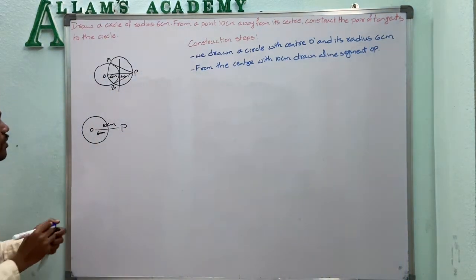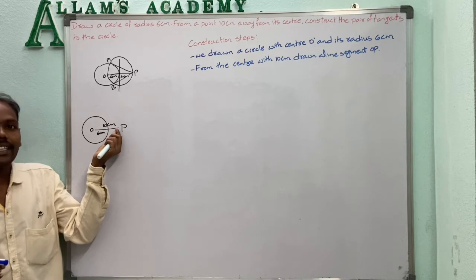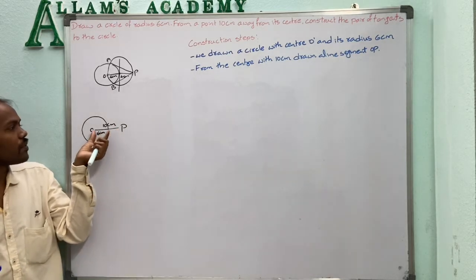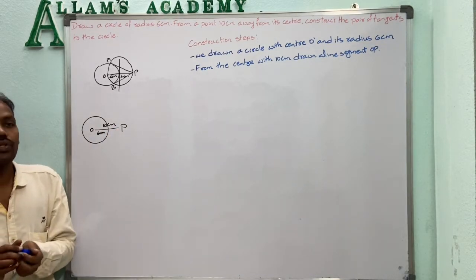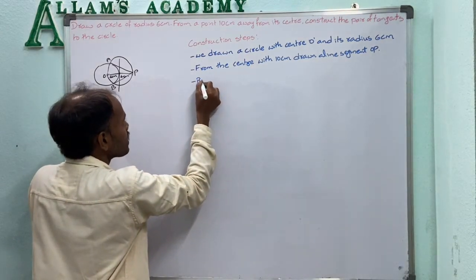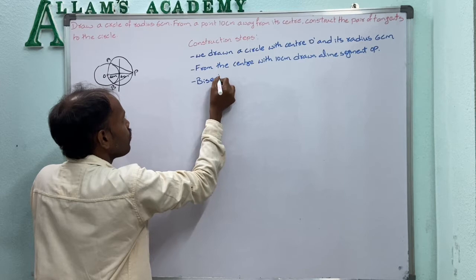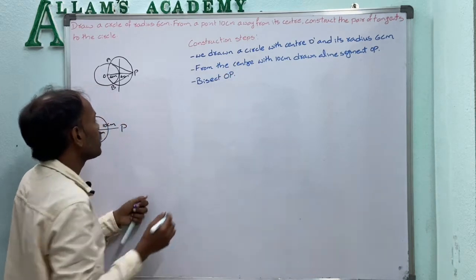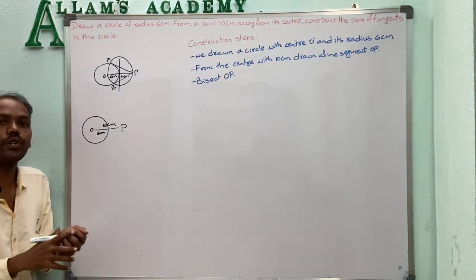Now for getting the tangents exactly, we have to bisect OP. How do we bisect the line segment OP?